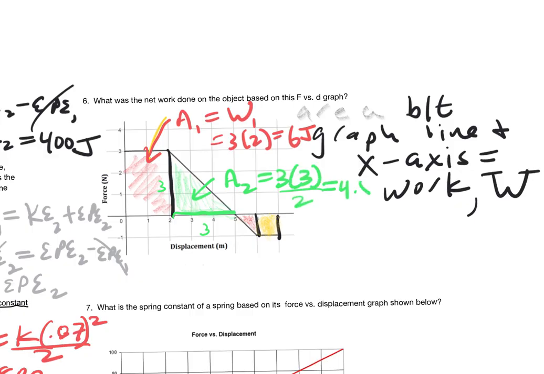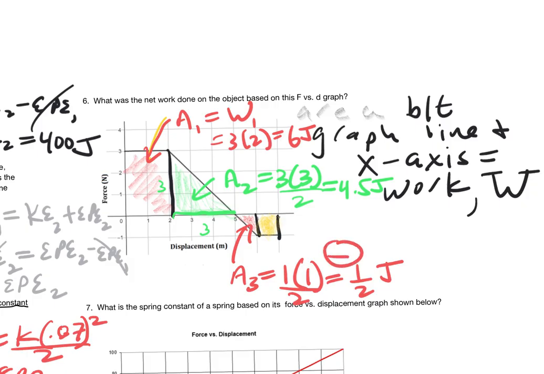So that'd be 4.5 joules. Okay, let's do this guy right here. That little one, area 3, is base, which is 1, times the height, 1, divided by 2. So that'd be 1/2 joule. But it's really negative 1/2 joule because it's negative work, because it's underneath the graph line.